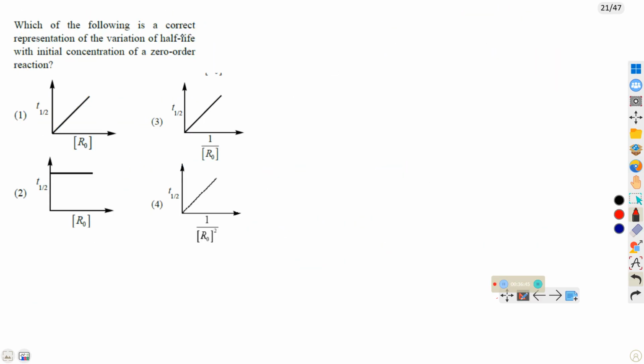Which of the following is a correct representation of the variation of half-life with initial concentration of a zero order reaction? First one, no doubt. In case of zero order reaction, half-life time t1/2 is equal to R naught by 2K.